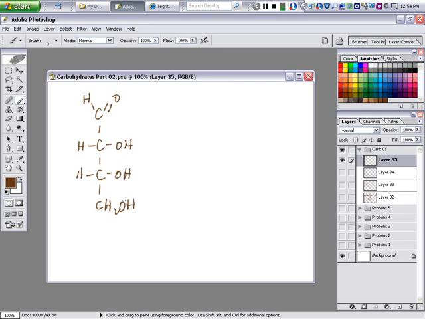Okay. This is D. What is this compound? D-erythrose. Okay, how should I do this? Okay, I'm going to do it this way. I'm going to draw a compound, and I want you all to tell me what it is.